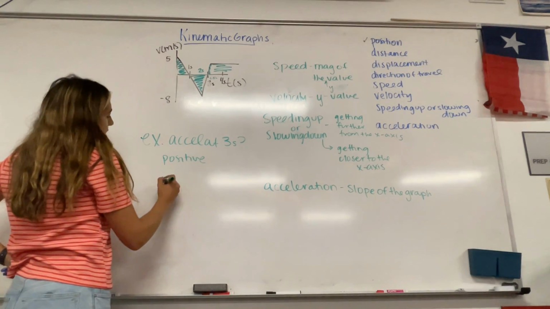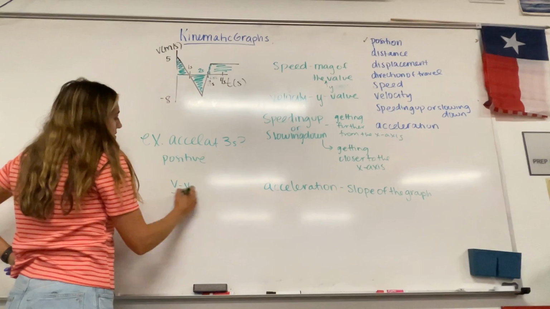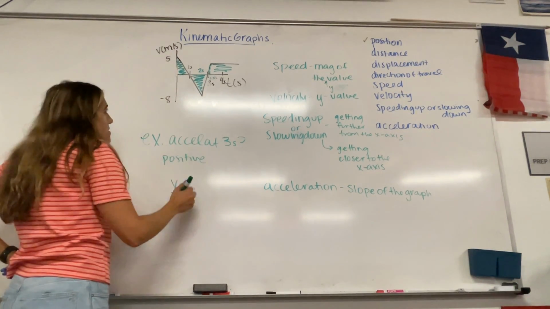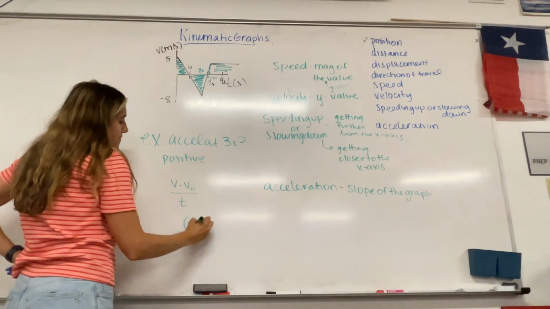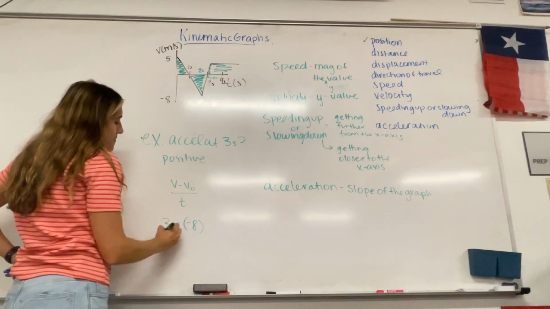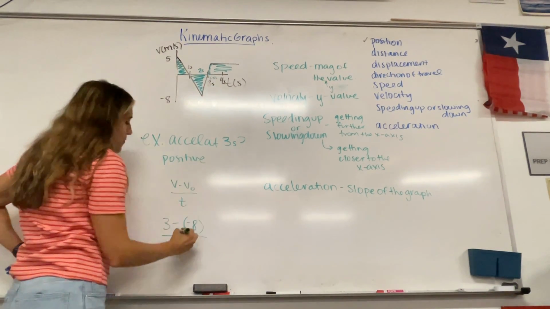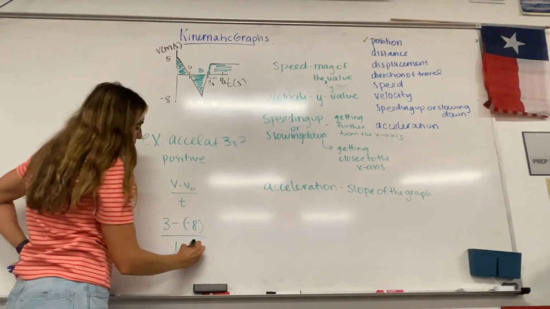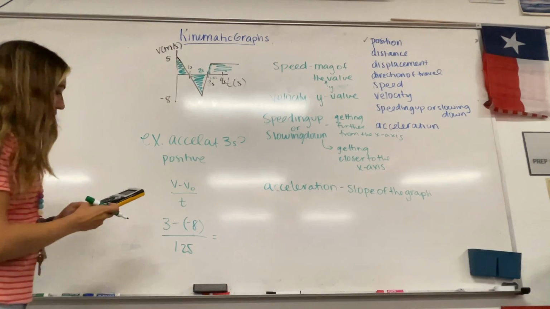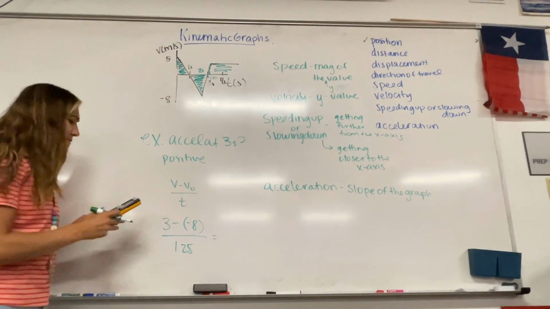My change in velocity is v minus v naught over t. So my initial velocity down here was -8. My final velocity up here, we're calling that 3. And that took from 2 to 3.25 seconds. So that's 1.25. Now I'm going to have to use a calculator. 3 minus a -8 divided by 1.25.